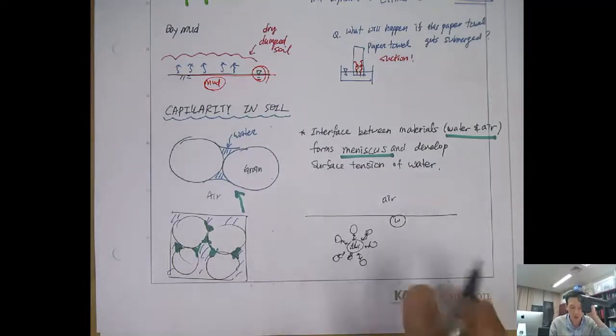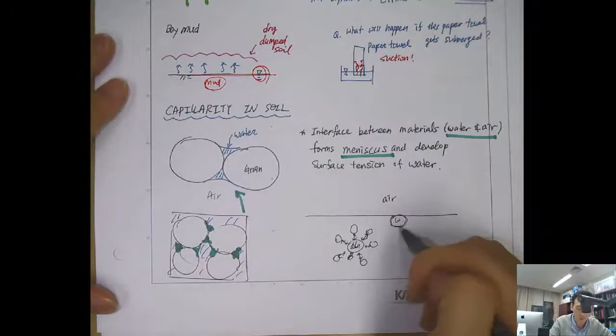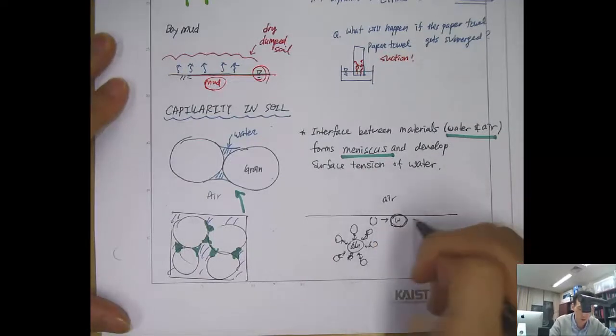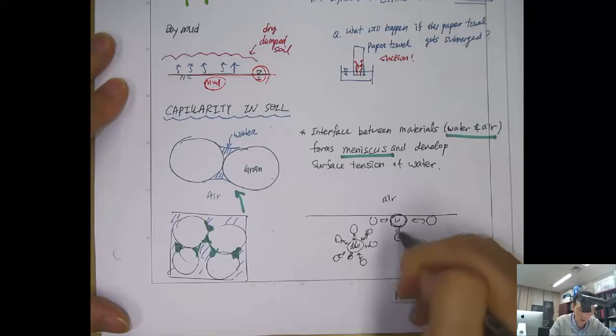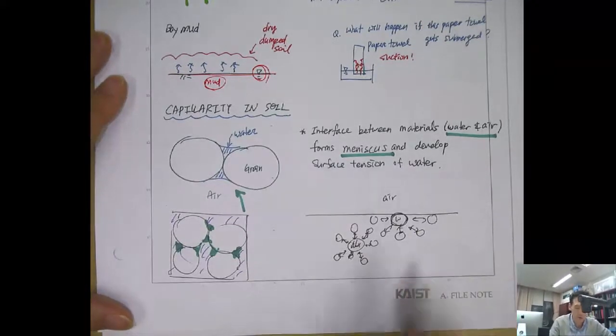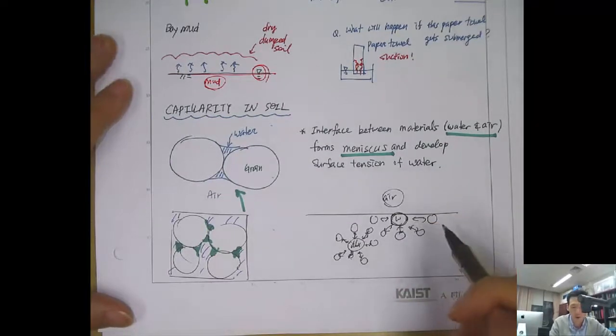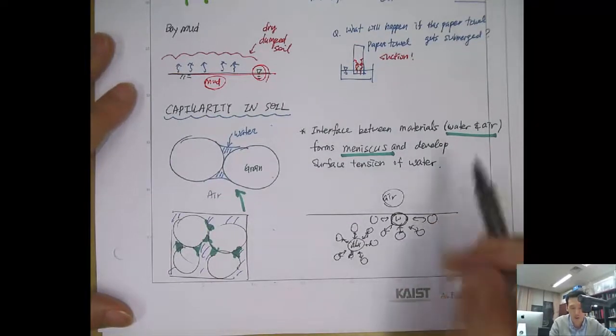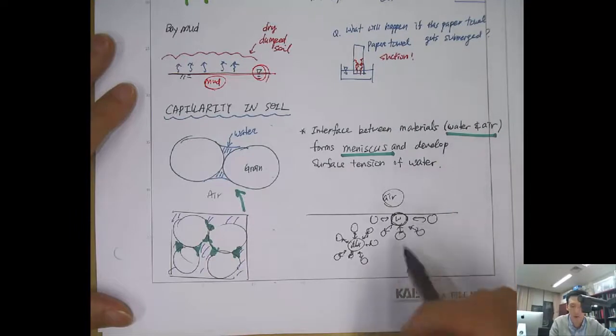It will have a lower energy state than the one here at the surface, because there's some unstable force, because the air molecule will have a different fraction or mass from the water. Some physical chemical characteristics will be different.